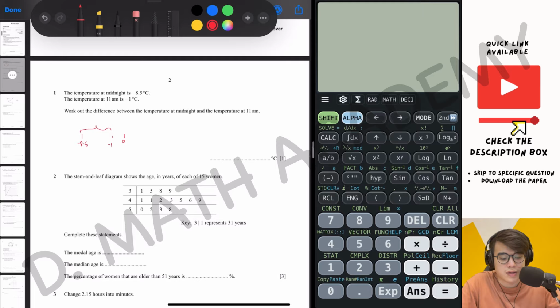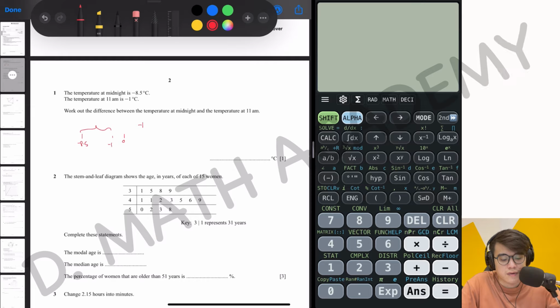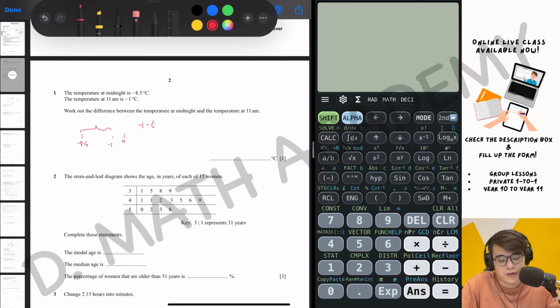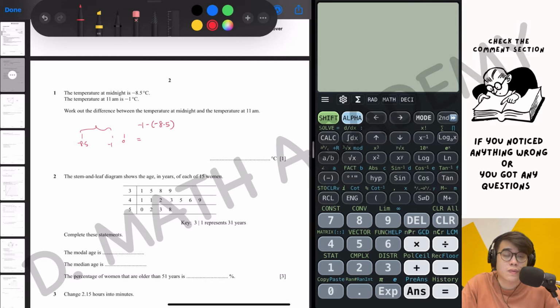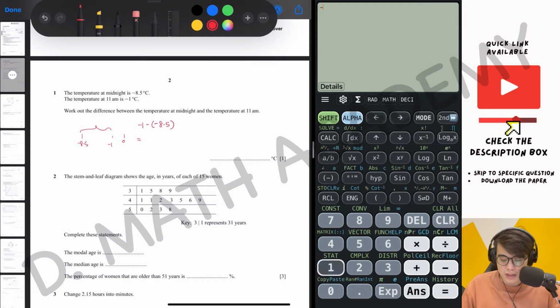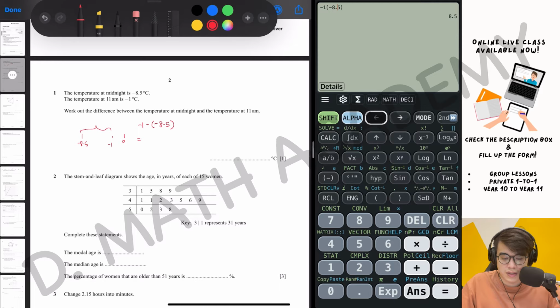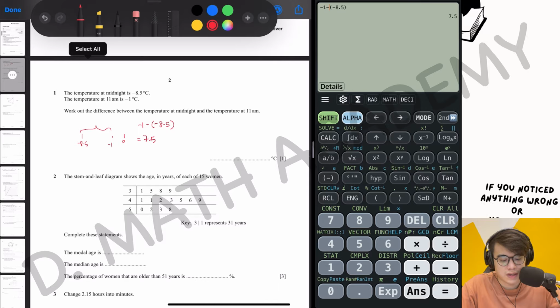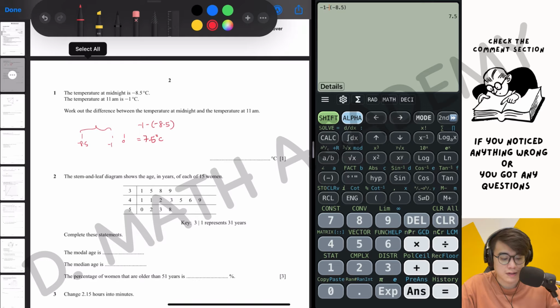So to get to it, I will take negative 1 minus negative 8.5, by putting minus because I wanted to identify the difference here. So negative 1 minus negative 8.5, you get your result as 7.5 as the difference in terms of Celsius here.